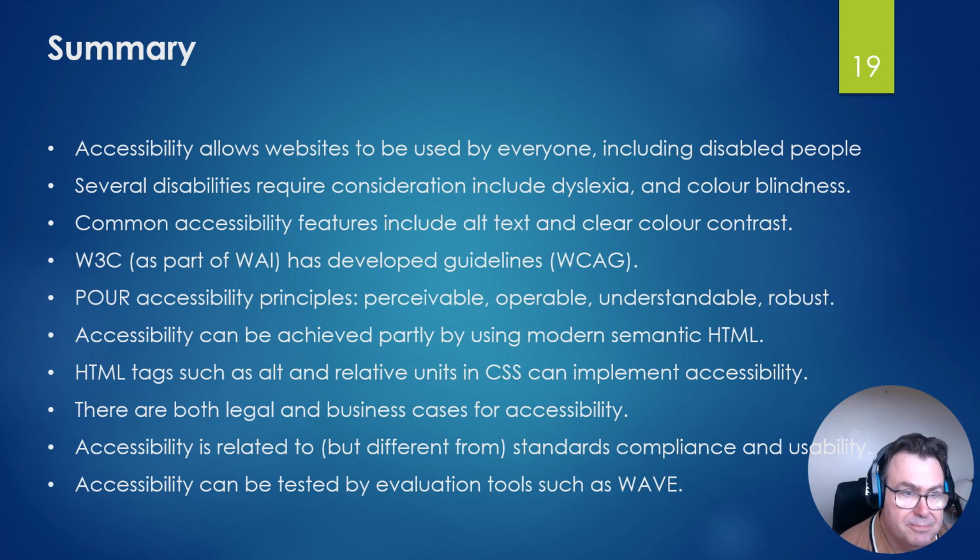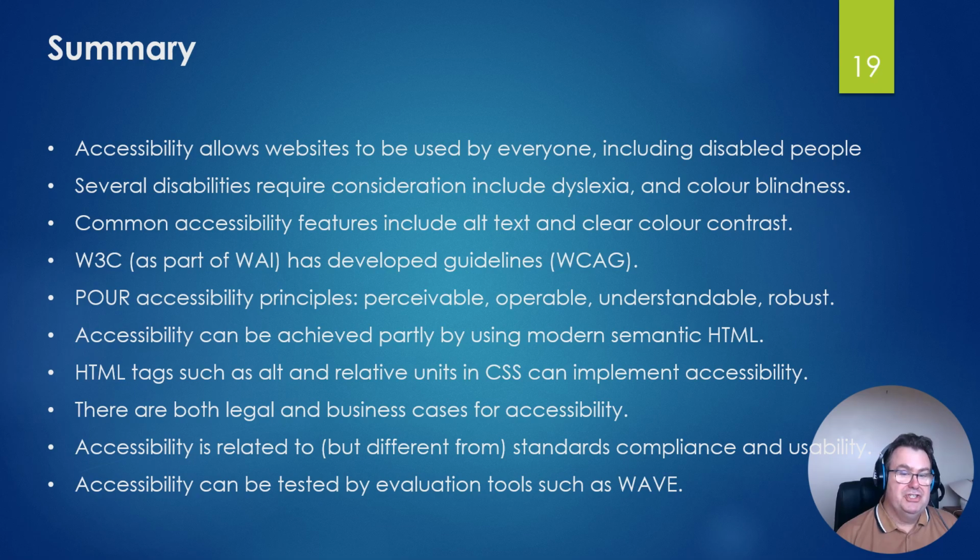In summary then, accessibility allows websites to be used by everybody, including those with disabilities, as best we can, really. There are several disabilities which are commonly acknowledged as requiring consideration, like dyslexia and color blindness.